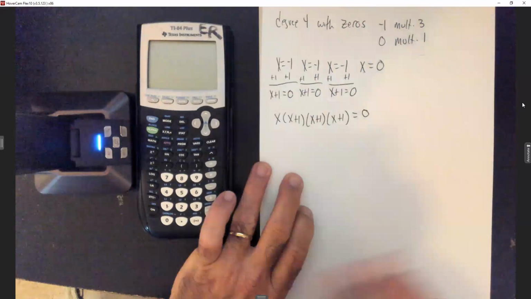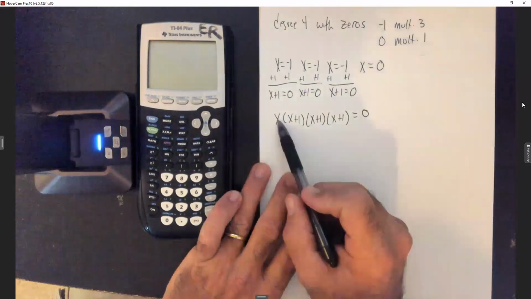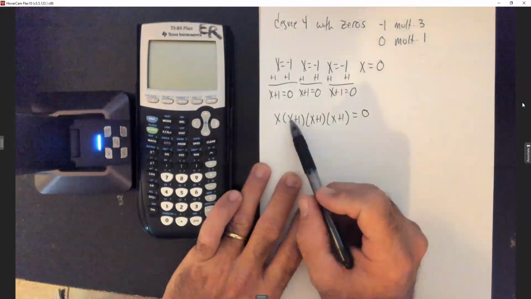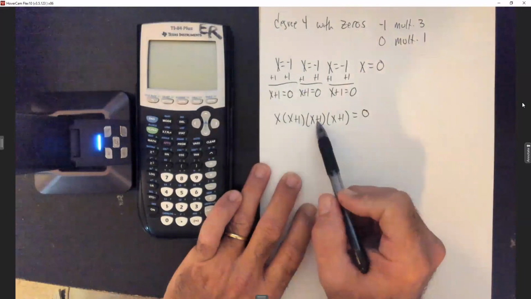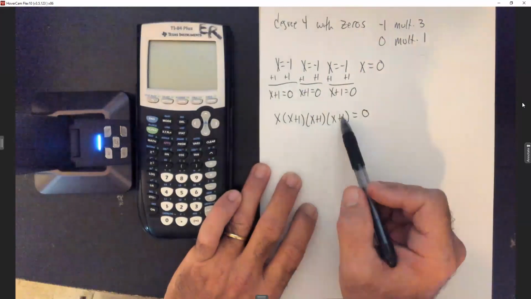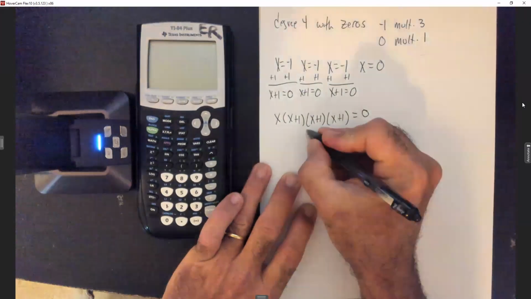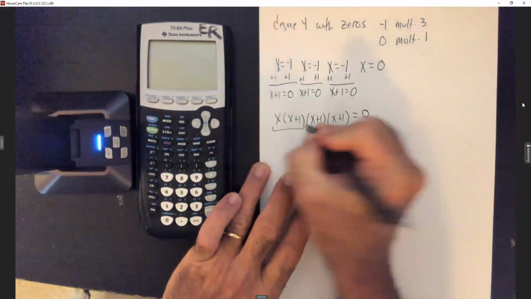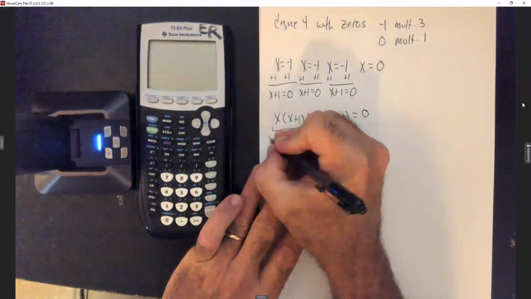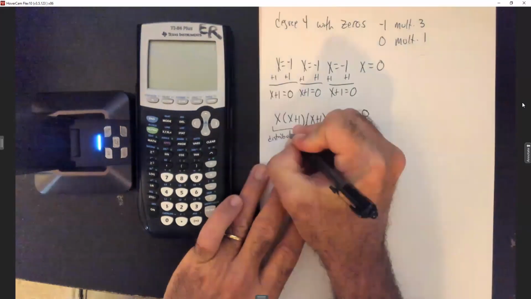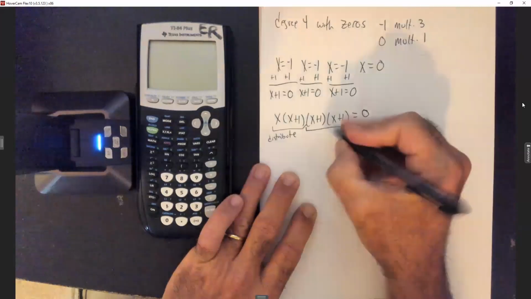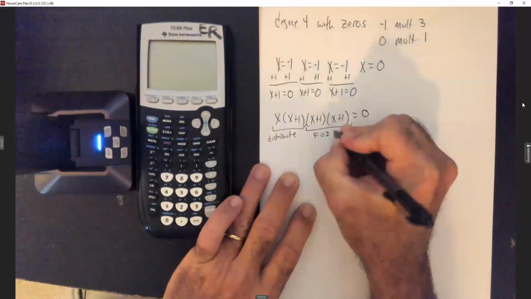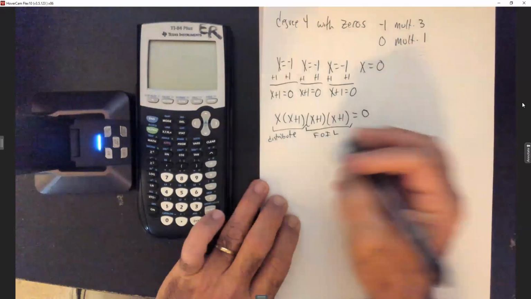You can FOIL this x first, and then get that answer, and then FOIL, and then get that answer, and then FOIL. What I'm going to do is do 2 of these at a time. I'm going to FOIL these 2 together, and I'm going to distribute this one. So I'm going to distribute on the first one, and then I'm going to FOIL on the second one. So that's still going to give me 2 big sets of parentheses.